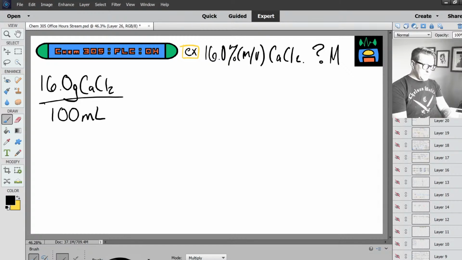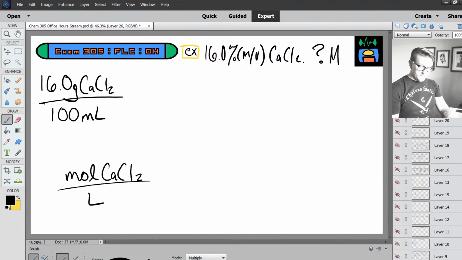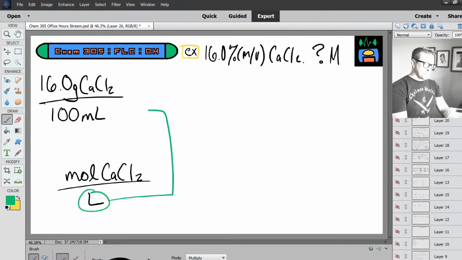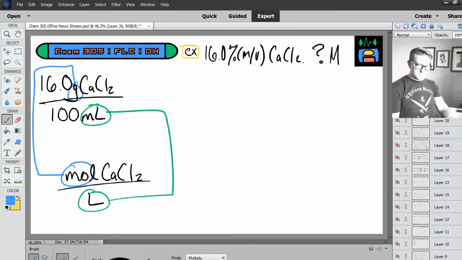We want to find molarity, which is moles of calcium chloride per liter. So what we need to do is we need to convert our denominator volume unit to liters, and we need to convert our numerator mass unit to moles. All right, that's how we solve this problem.